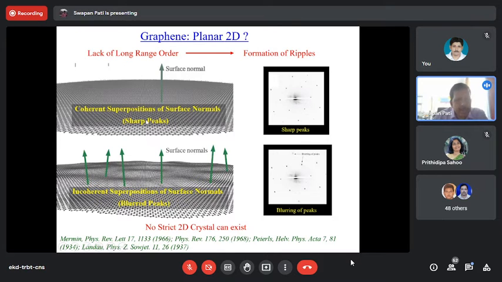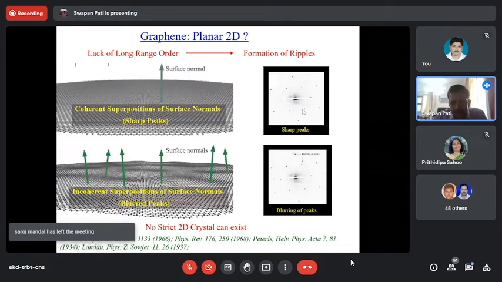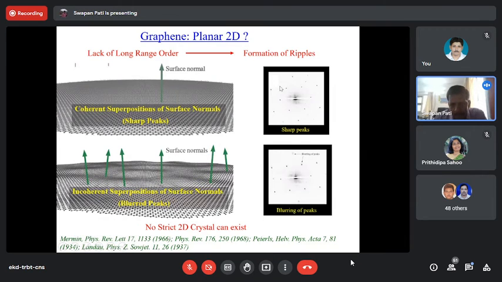When they got this graphene and measured the X-ray crystal structure, if it had been planar, there would have been sharp peaks. However, they got blurring of the peaks because it is like an Indian sari. If you try to stretch it, there will be some parts with surface normals at some angle, giving blurred peaks.